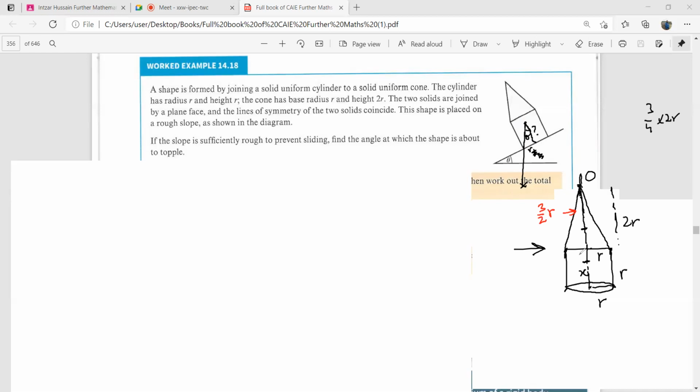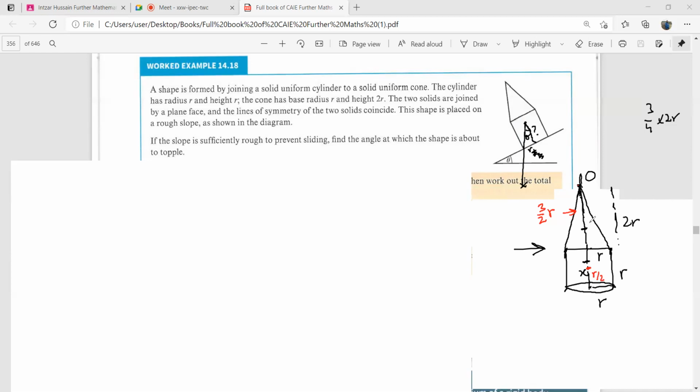Since this cylinder is a uniform shape, its center of mass would be at the center. So I can say this is going to be r by 2 over here, and from this O, this is going to be 2r plus r by 2.